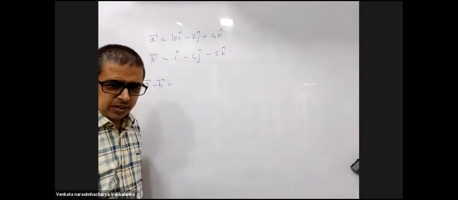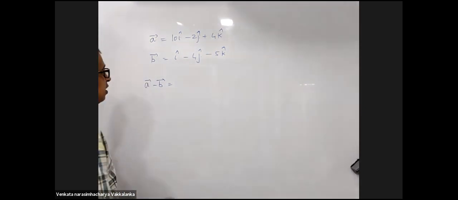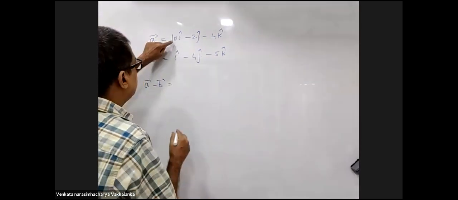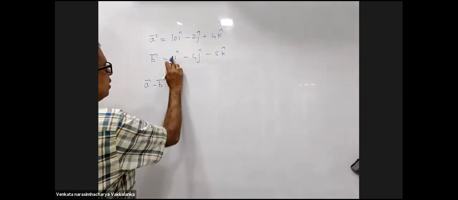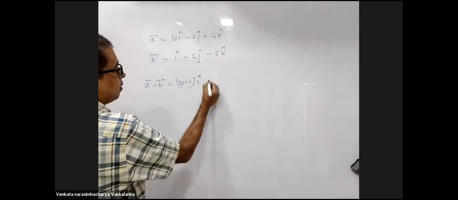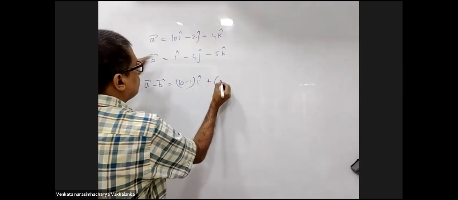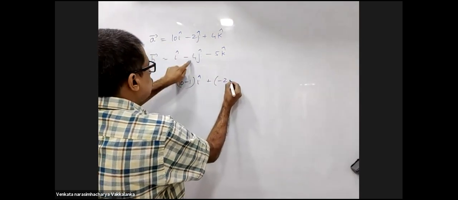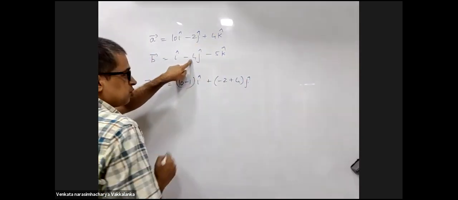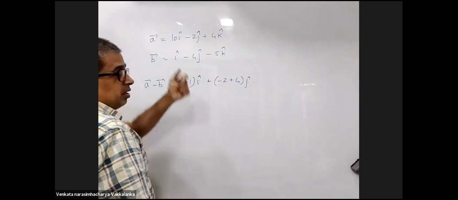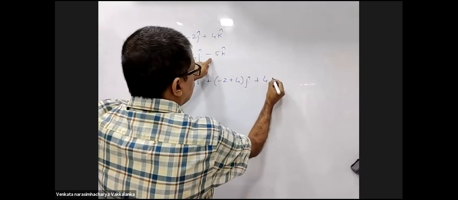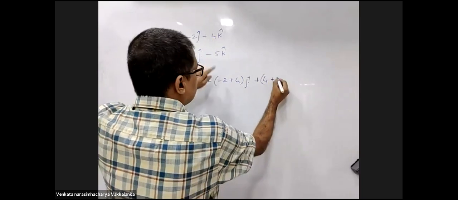Few of you are committing a small silly mistake in simplification. Have a look. Your requirement is A minus B, not A plus B. A minus B is (10 minus 1) i cap plus (minus 2 minus of minus 4) j cap plus (4 minus of minus 5) k cap.